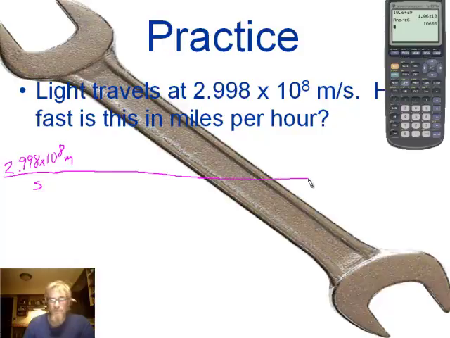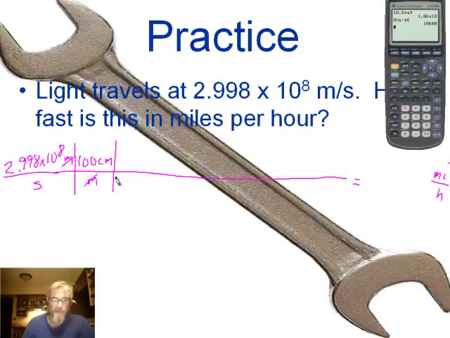I make myself a big long dimensional analysis line. My target unit is miles per hour. I have to change two things. I've got to get meters into miles, and I have to get seconds into hours. I'm going to work on the meters first. I know there are 100 centimeters in a meter, so I'll multiply by this to get myself in centimeters.